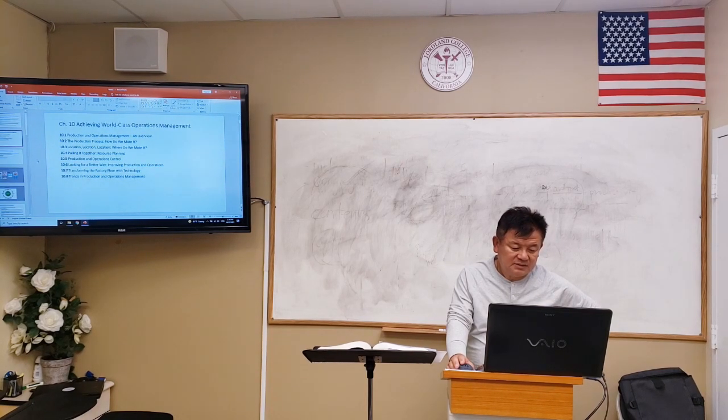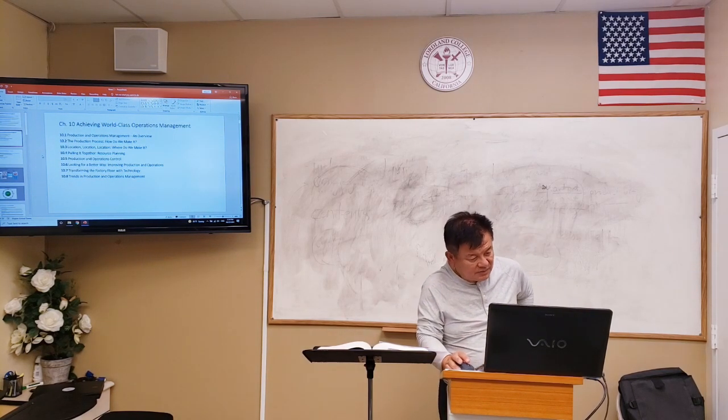The next is looking for a better way, improving production and operations. 10.7 is transforming the factory floor with technology. And 10.8 is key trends in production and operations management. Okay, this is chapter 10.